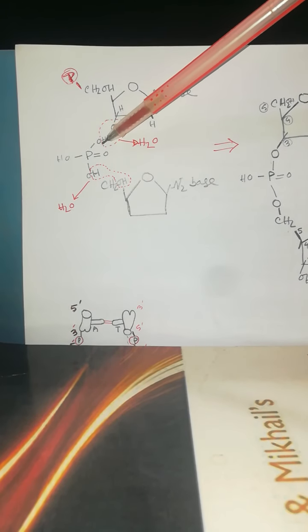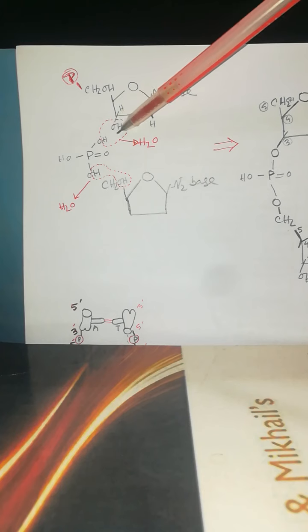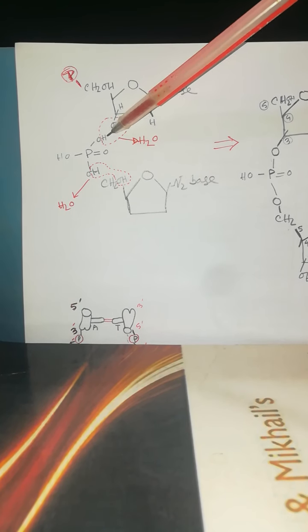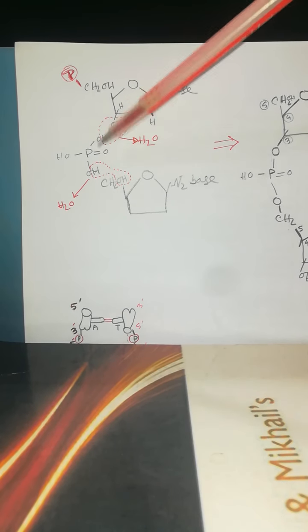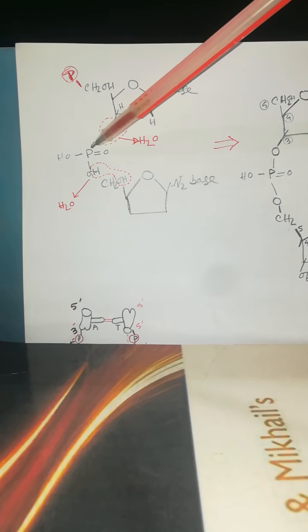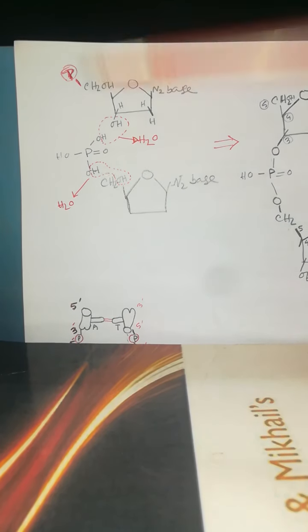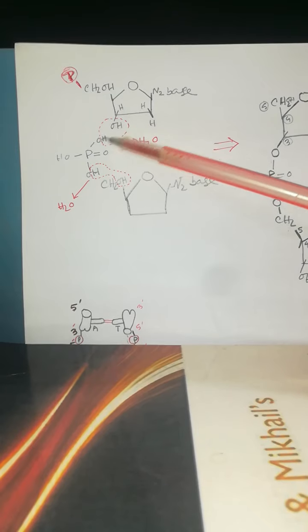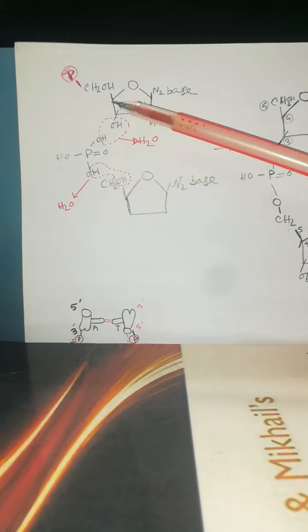Now this hydrogen from this H3PO4 reacts with this OH of the ribose sugar, and water is removed. So here an ester bond is formed. Here the same reaction occurs: hydrogen of H3PO4 and OH of ribose sugar react and water is removed. Here also an ester bond forms. So double ester, and due to the presence of phosphate it is called diester, phosphodiester.